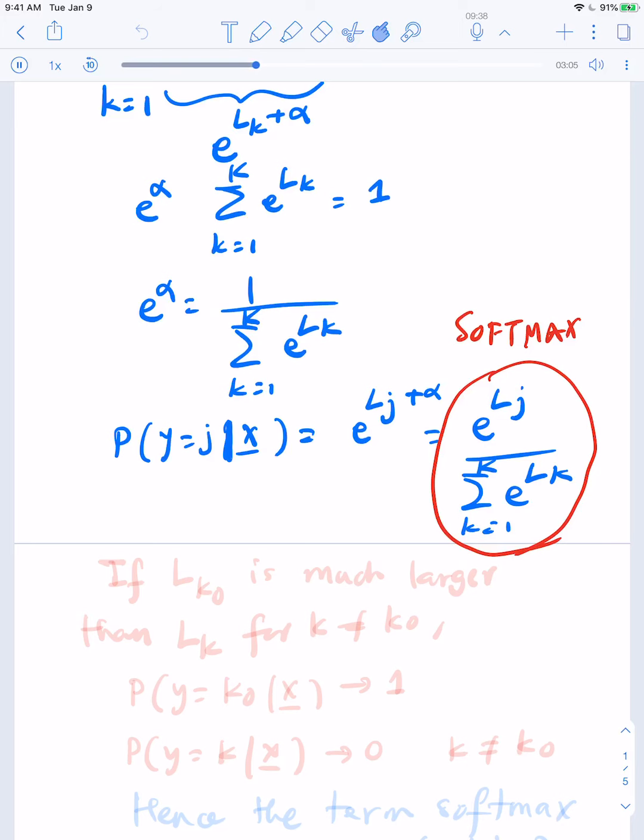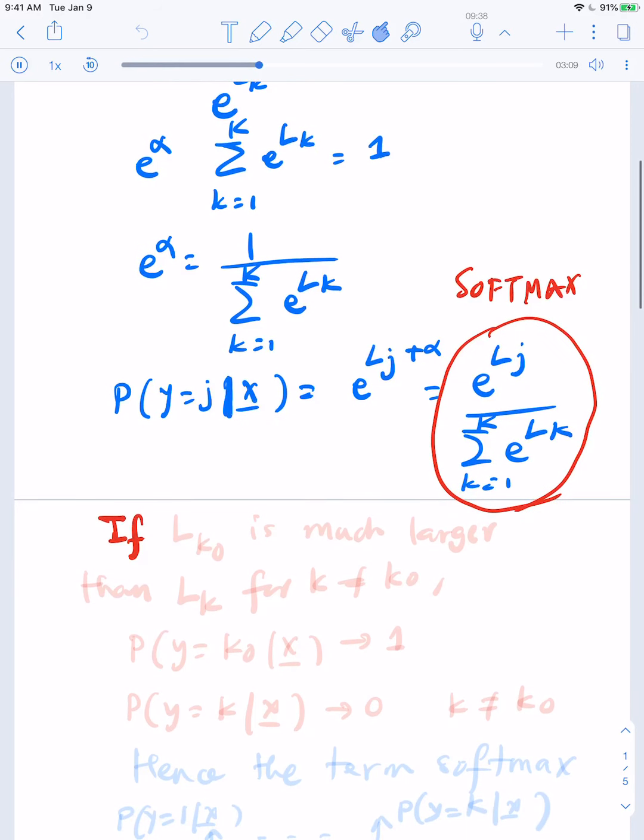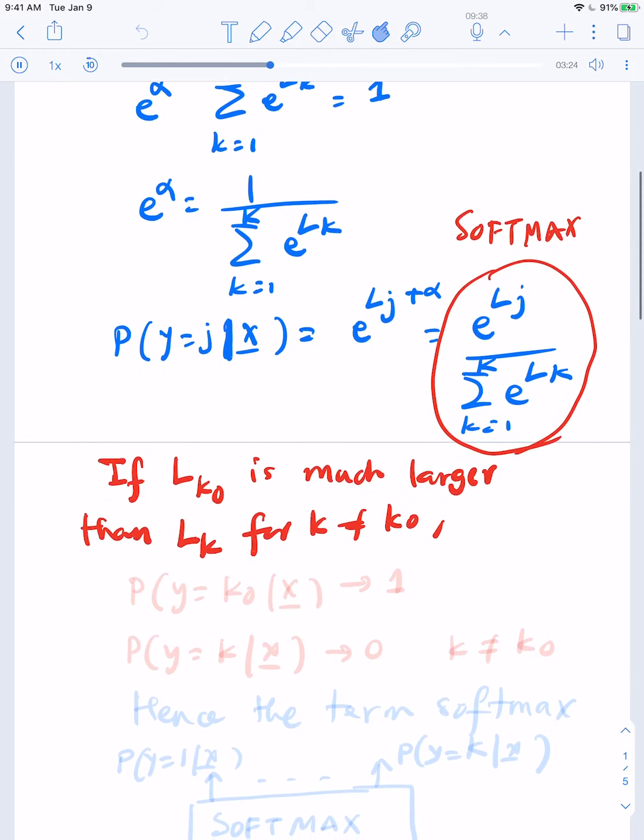So if L_k0 is much larger than L_k for k not equal to k0, then the probability of y equals k0 given x will tend to 1, and of course the others have to tend to 0.